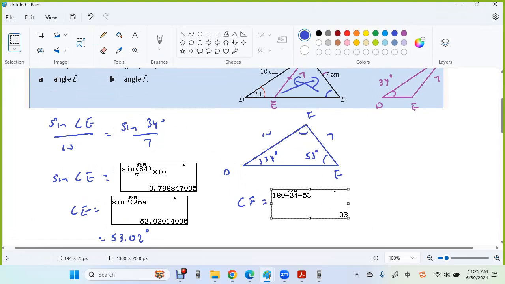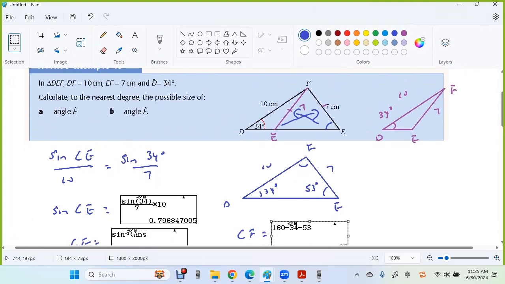But for the other case, we know it is an isosceles triangle, so this angle is the same as the other, 53 degrees also.